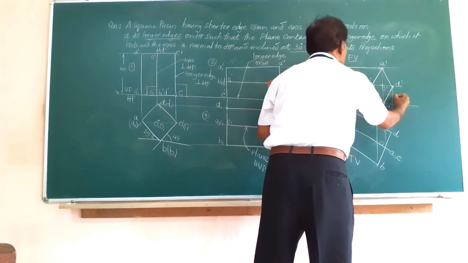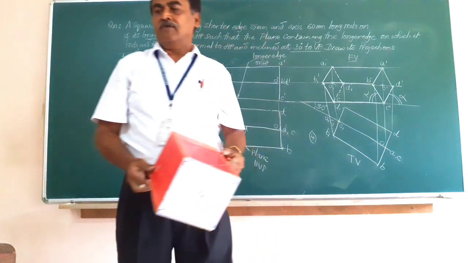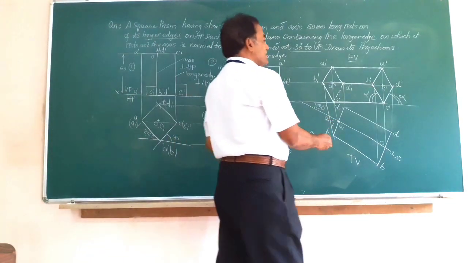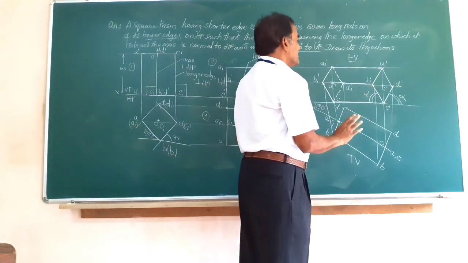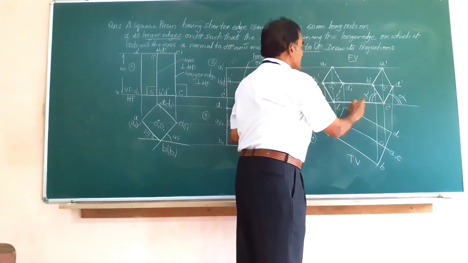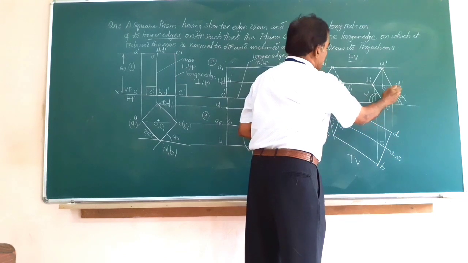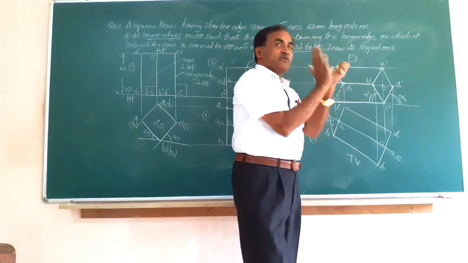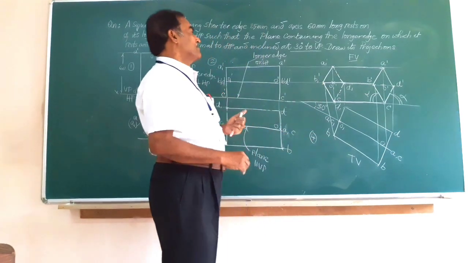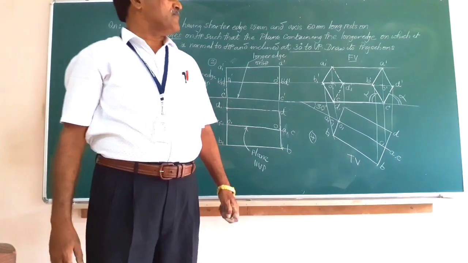This angle alpha and this angle alpha are the same. That means whenever this prism is resting on one of the longer edges, the two rectangular faces containing the longer edge, namely C C1 B1 B and C B B1 C1, are equally inclined to HP and this is represented by alpha. I hope all of you have understood this problem.